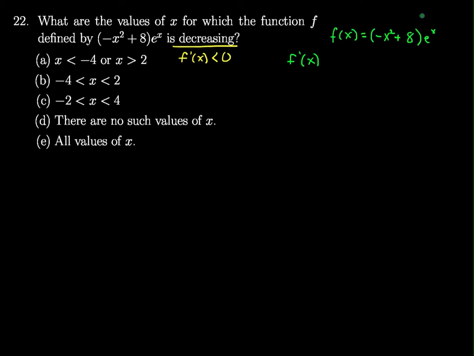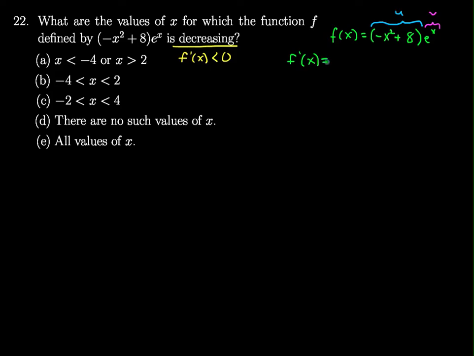Before I do that, I need to notice that this will be a product of two functions. I have this function right here, let's call that the function u. I have this function here, let's call it the function v.